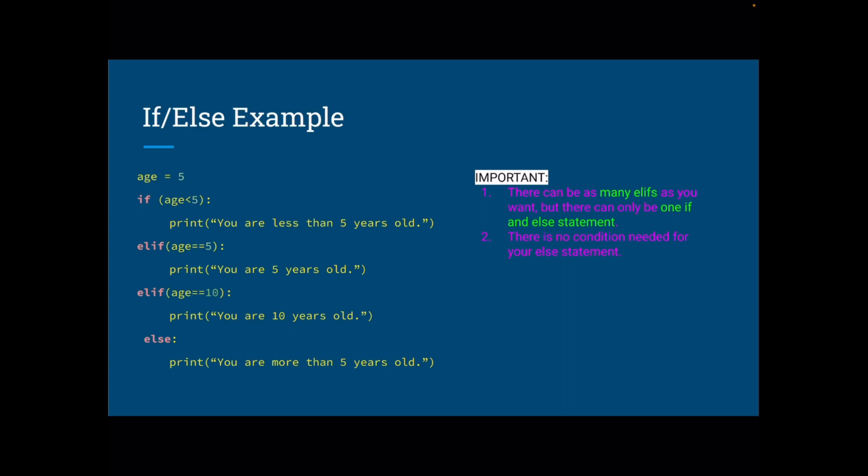Let's say, if age is less than 5, print you are less than 5 years old. Elif age equals 5, print you are 5 years old. Elif age equals 10, print you are 10 years old. Else, print you are more than 5 years old.